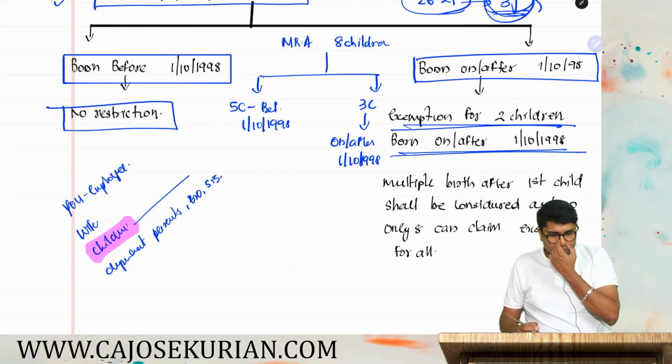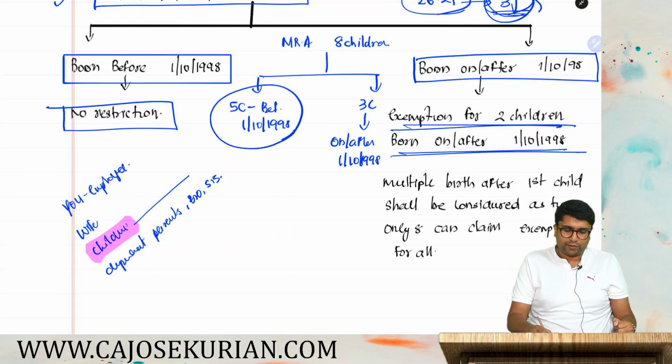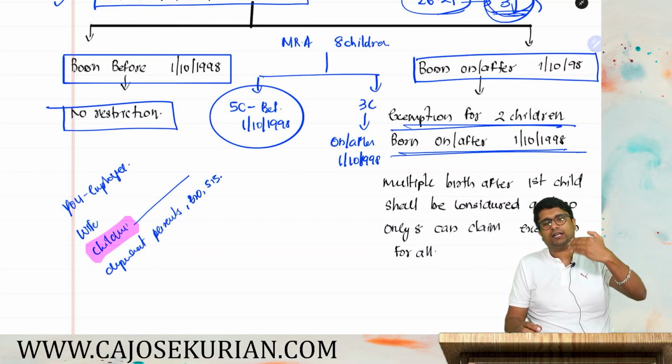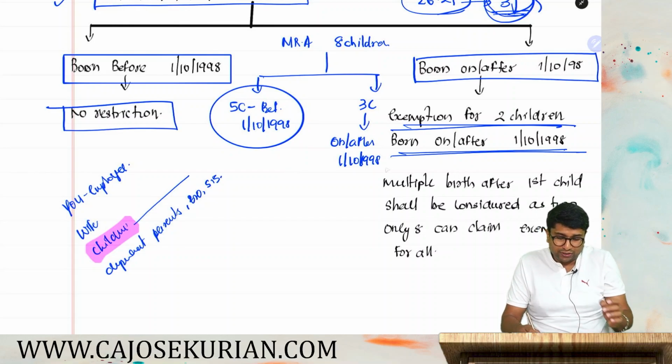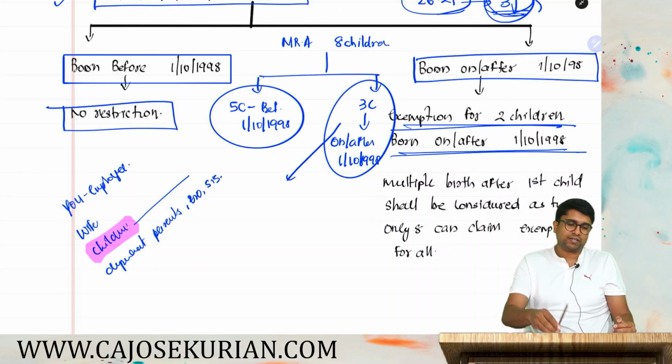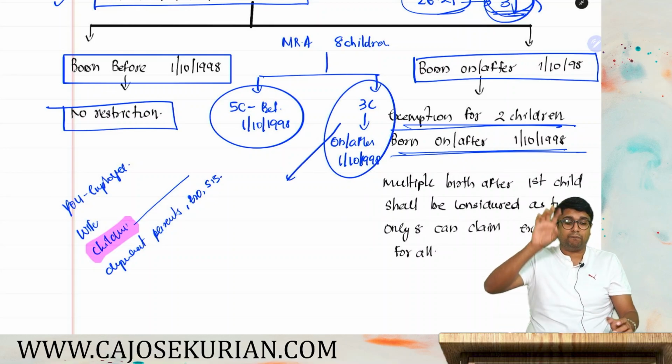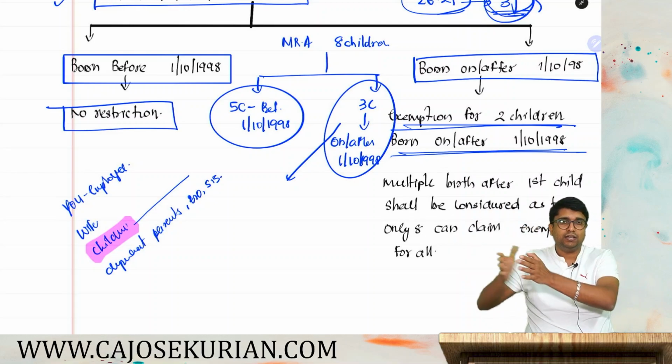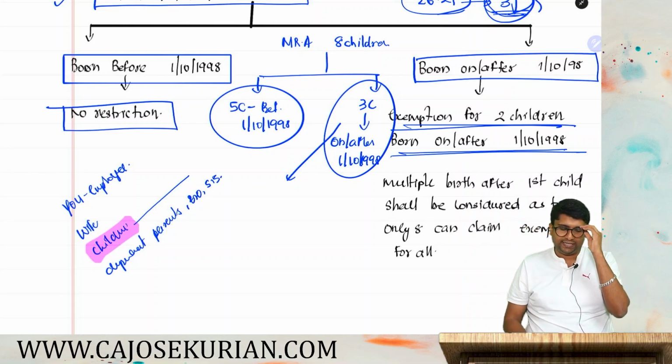In such a case, for these 5 children, you can take all those 5 and claim the traveling cost of all those 5 as an exemption. Absolutely no problem. And how about these 3? Out of these 3, only 2 children's traveling cost you can claim exemption, because there is a restriction on the number of children born after 1st October 1998.